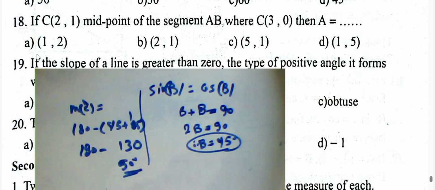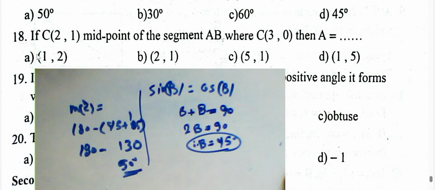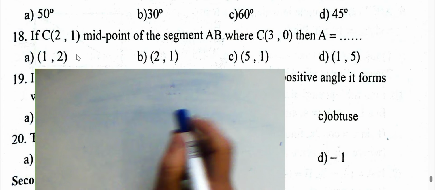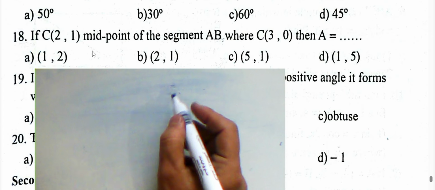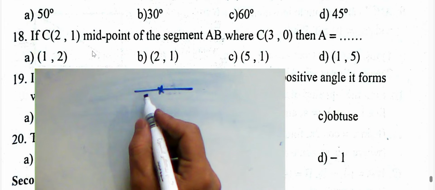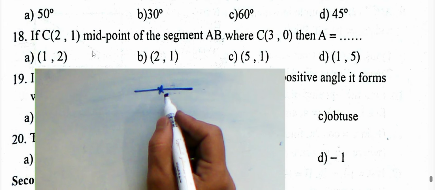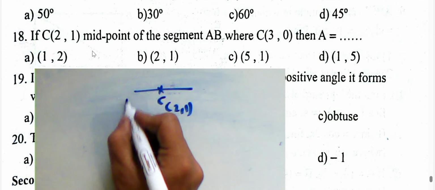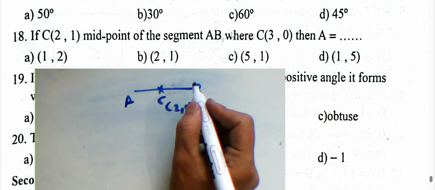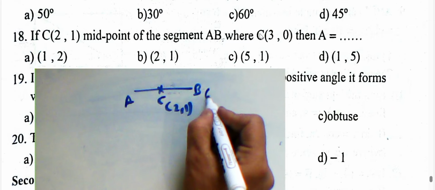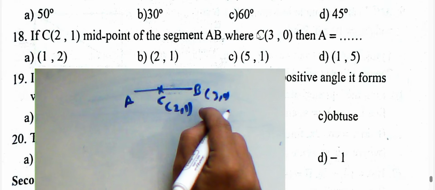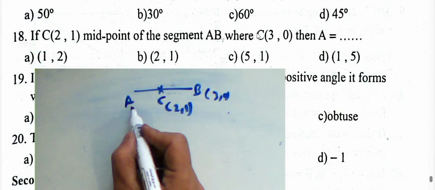Next question. If point C (2, 1) is the midpoint of line segment AB, then A equals? We can use the rule about the midpoint, which means the point lies in the middle between two points. C was (2, 1), the midpoint of AB, where point B is (3, 0). I want to find A, which is x and y.